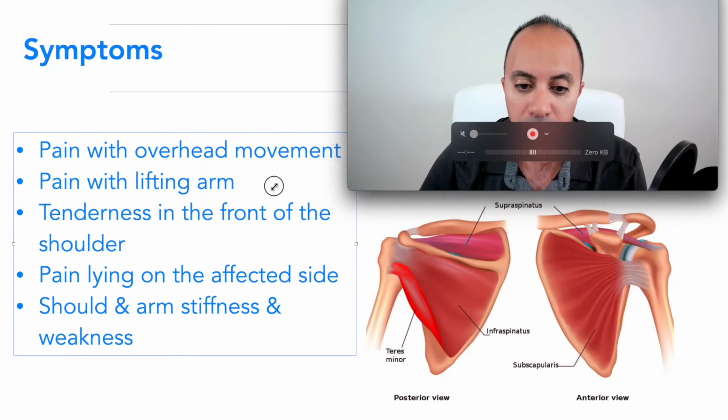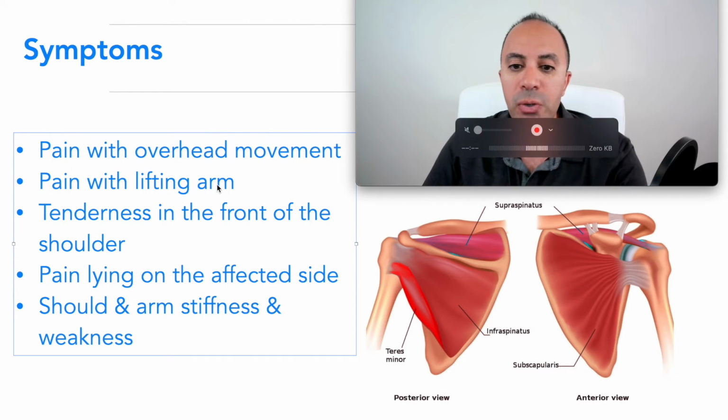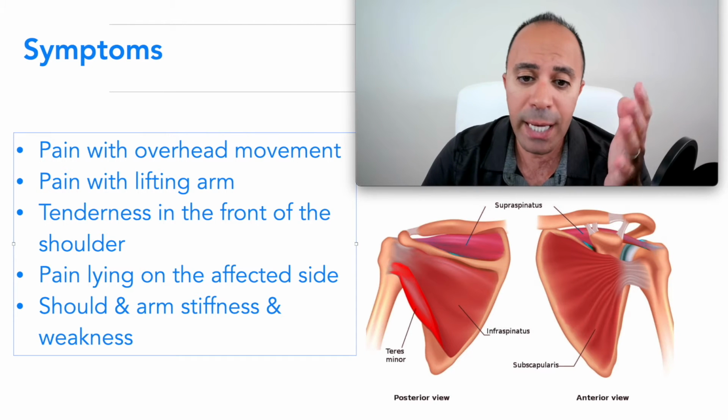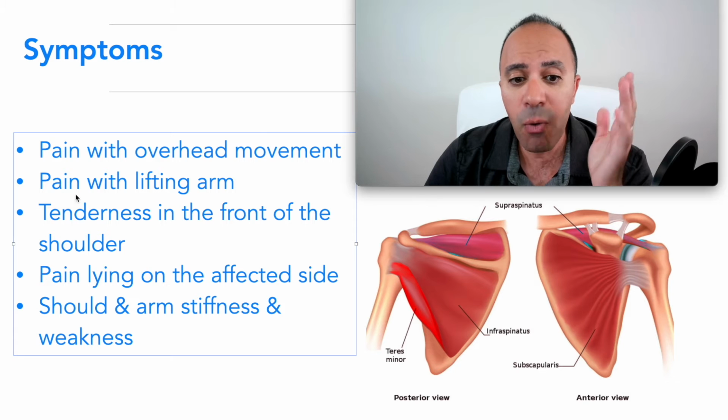When that happens, the muscle is not going to work well enough to really depress the humerus head so it will clear up. So it's basically going to look like this. This way you will have more rubbing, more inflammation, and more irritation to the rotator cuff muscles. So typically pain with overhead activity, especially lifting overhead.